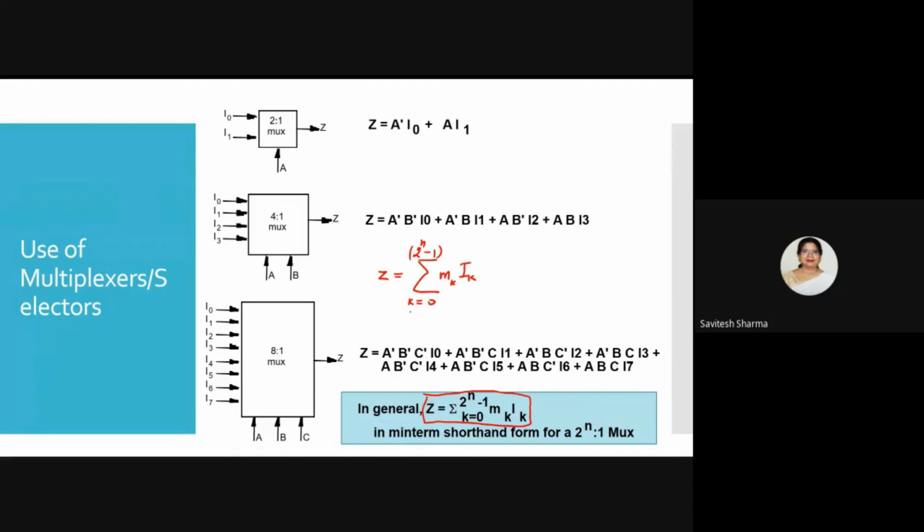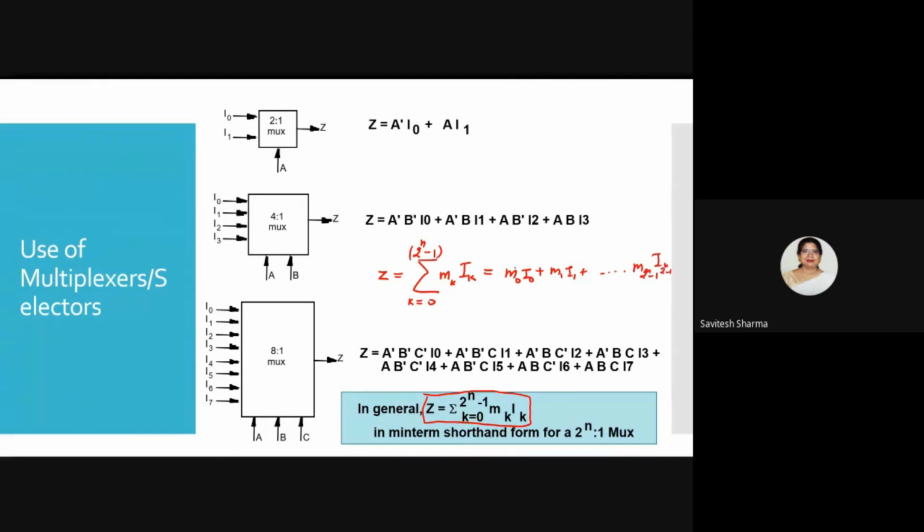Based on that, you will write the min terms. You will expand it like this. m actually represents the min term. So if you expand it, it will be m0 I0 plus m1 I1 plus and so on, up to m 2 to the power n minus 1 times I 2 to the power n minus 1.